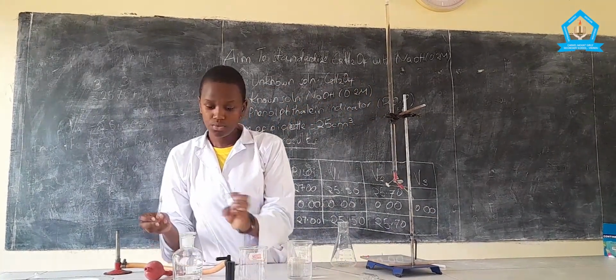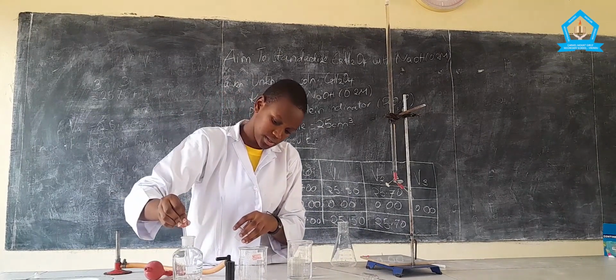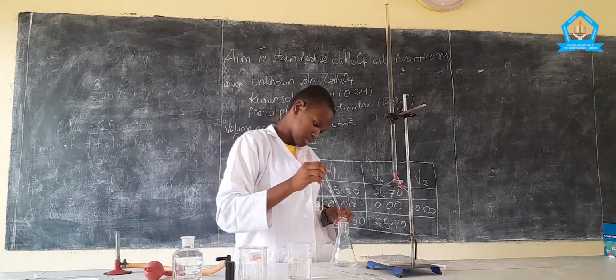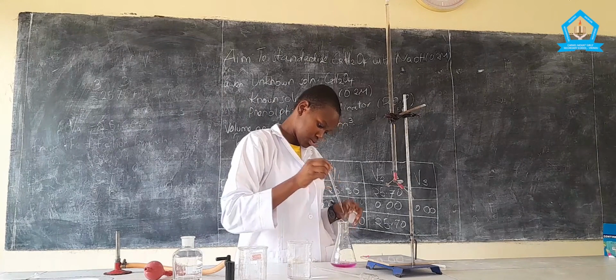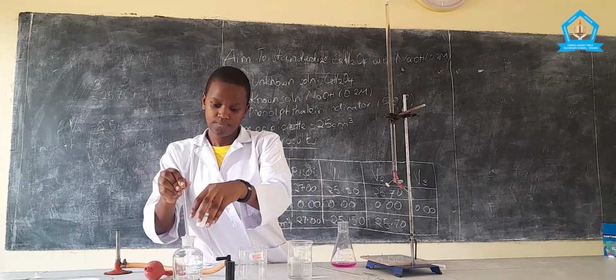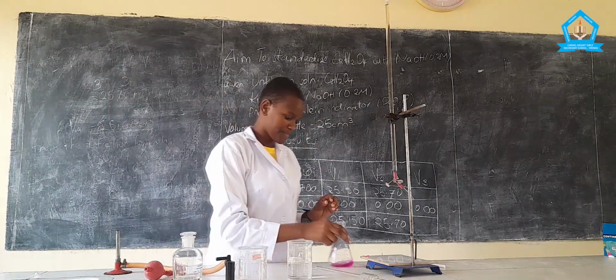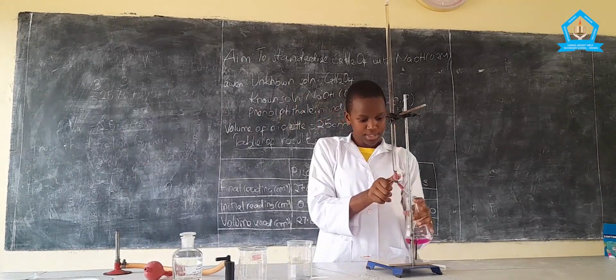Adding 2 drops of phenolphthalein indicator. And again we titrate.